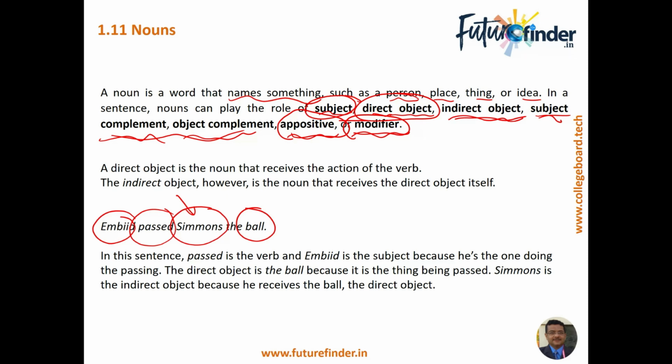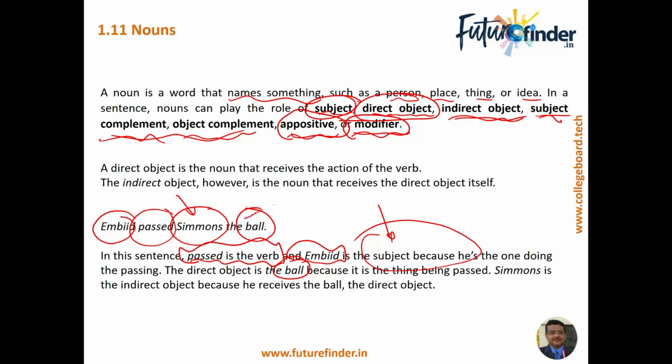In this sentence, passed is the verb, as you can understand, the action that happens is passed. Embiid is the subject because he's the person doing whatever needs to happen. And the direct object to this subject is the ball because he's doing something to the ball.